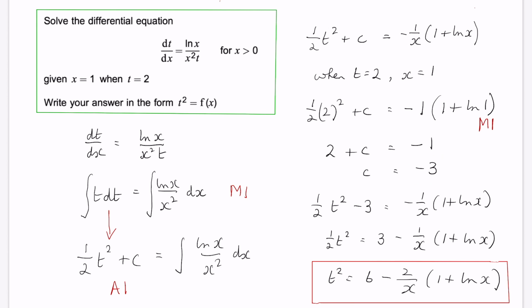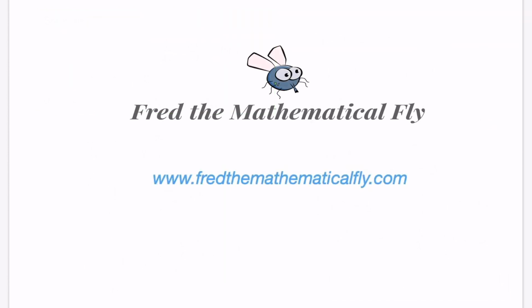The final accuracy mark comes at the very end when you get it in that form, as you were required, if you remember in the question, t squared equals f of x. So the final accuracy mark is for this final answer. And if you, as I said before, are too quick to get on to the next question and leave it as the previous line, like that, for instance, I'm afraid you would lose that final accuracy mark.